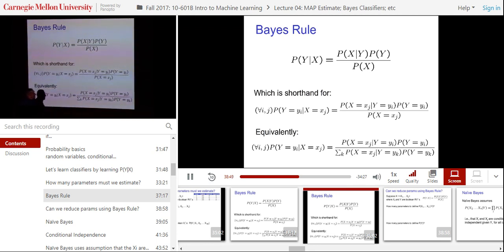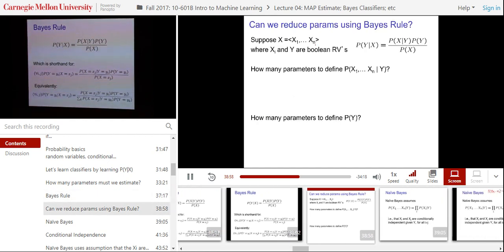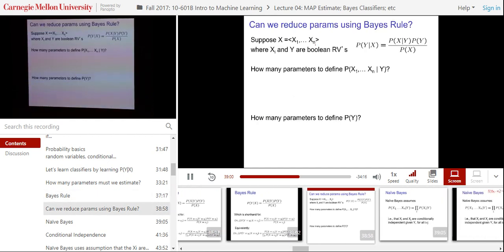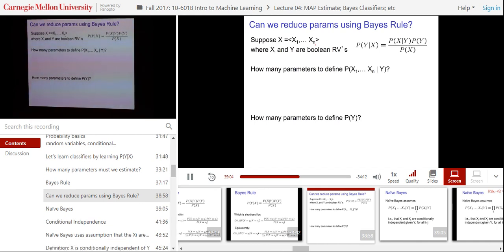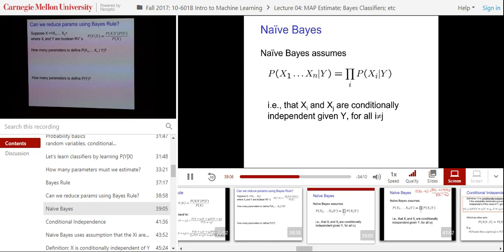Okay, so this is just equivalent to that. And we will often find this a very useful way, like today, to write Bayes' rule. Okay, so now, how can we reduce the parameters?